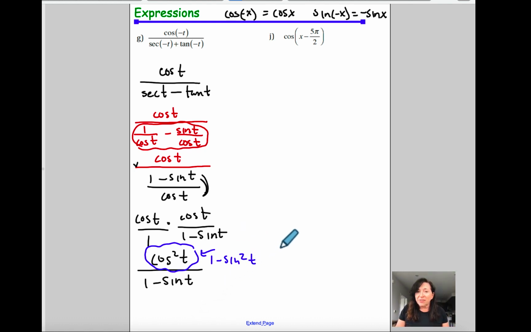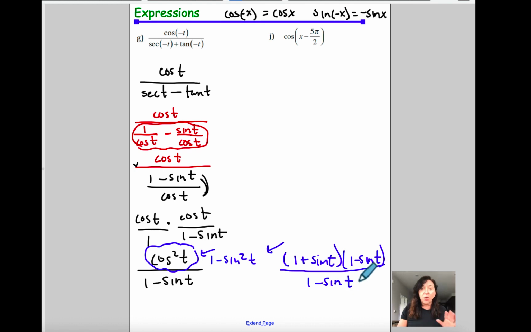And so this then would be changed actually to 1 plus sine of t times 1 minus sine of t. And that's all over 1 minus sine of t, which, heads up, this right here as a quantity will cancel with that as a quantity. And my final answer is 1 plus sine of t.